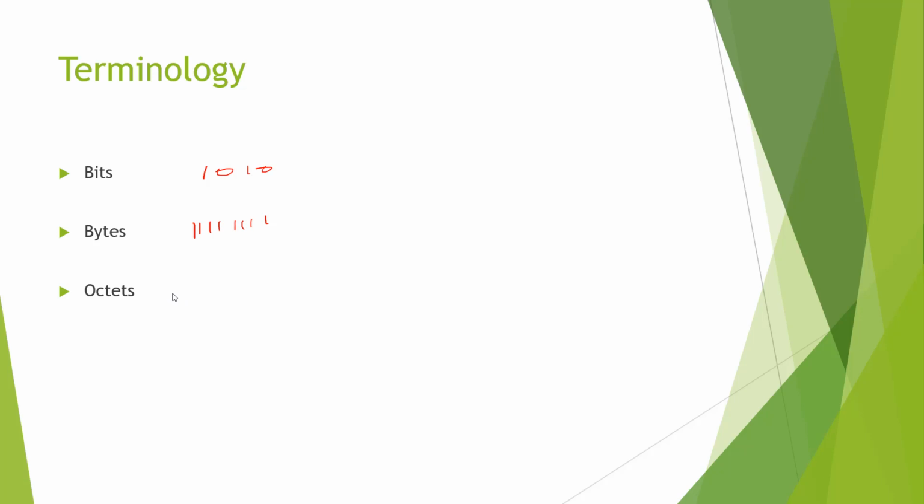Octets are groupings of 8 bits. So here we have 4 groups of 8 bits. We can call that the first octet, the second octet, the third octet, and the fourth octet. That way we can disseminate which group of 8 bits we are talking about. So those are the 3 main terms we need to remember.